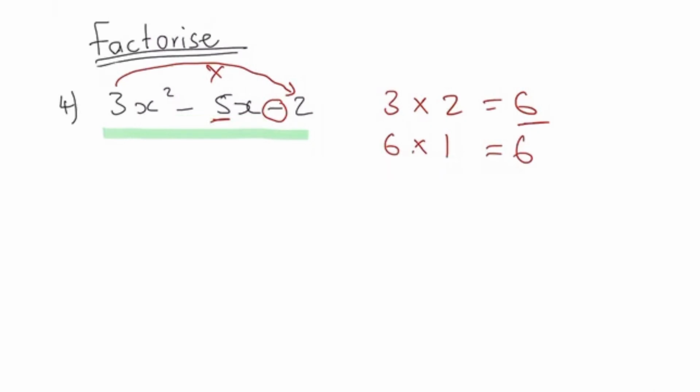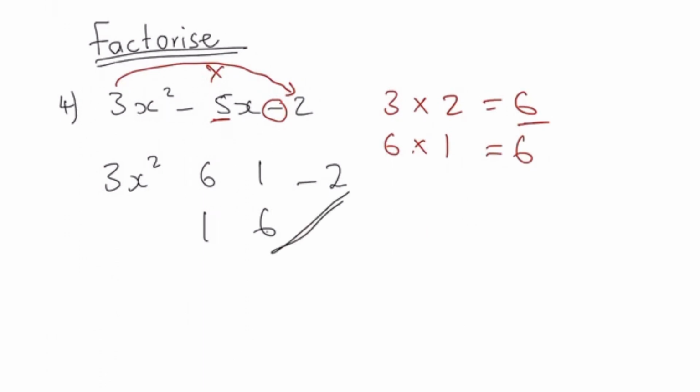Now let's go ahead and do that. So we write 3x squared, leave space for two terms there, and then write minus 2. In that space you are going to write 6 and 1. You want to write 6 here and 1 here, but you can proceed and write 1 here and 6 there, the vice versa. You will still get to the answer.